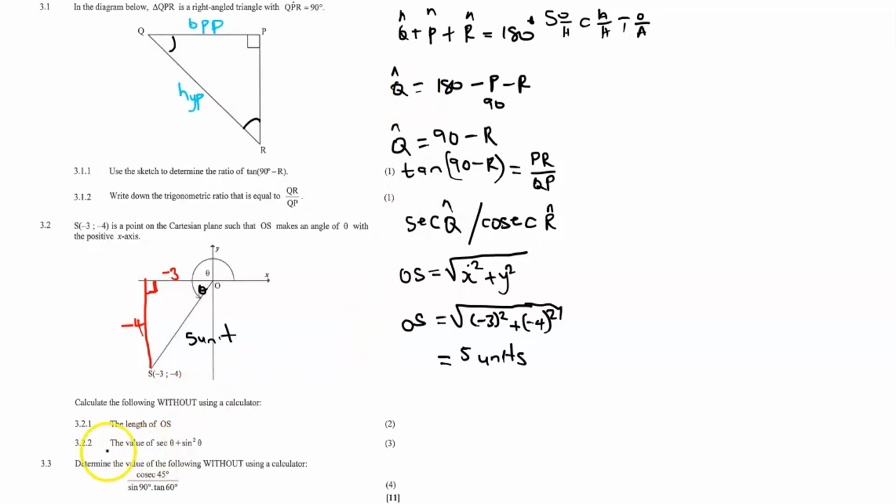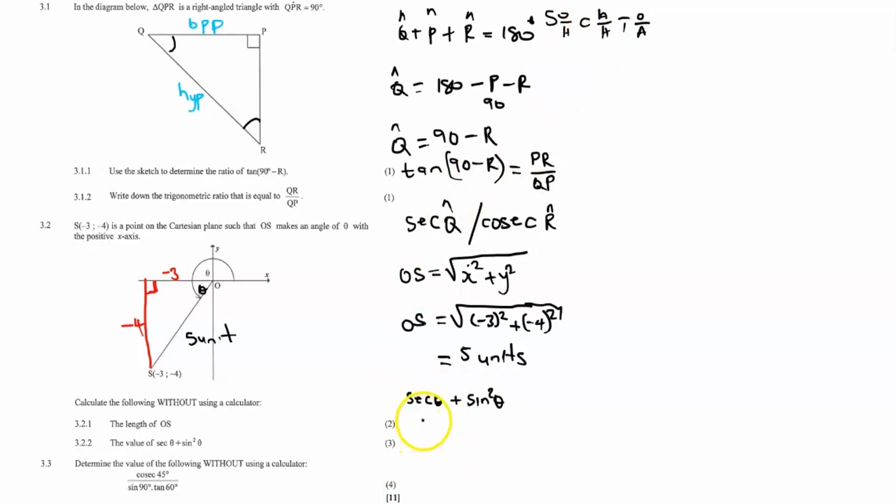And then now they say find the value of sec theta plus sine squared theta. So it's sec theta plus sine squared theta. So sec is the reciprocal of cos, so it has to be hypotenuse over the adjacent.